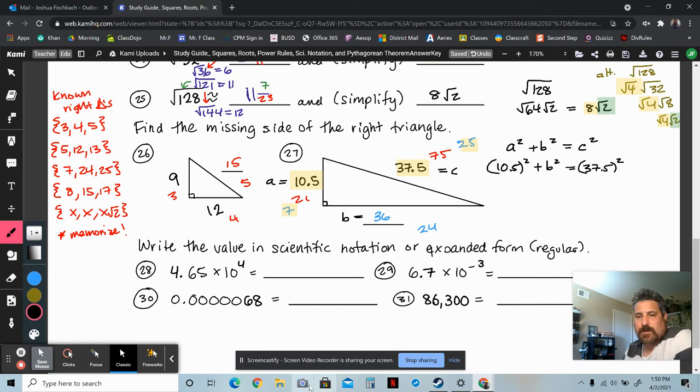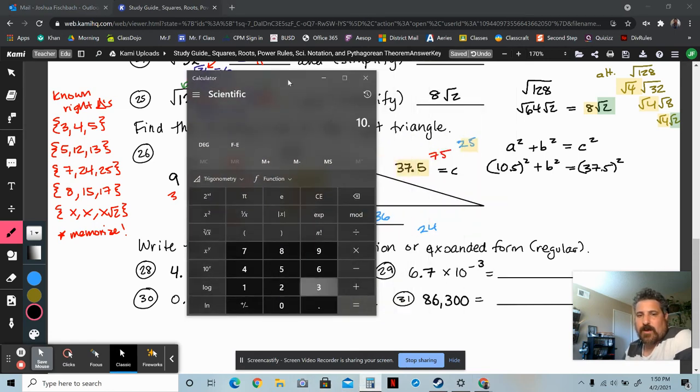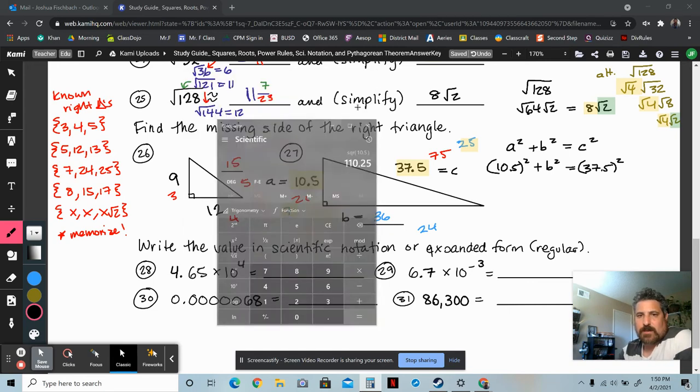And then you just do it out on the calculator. So 10.5 squared is going to be 110.25. So that would be 110.25. Let me see if I can minimize that.